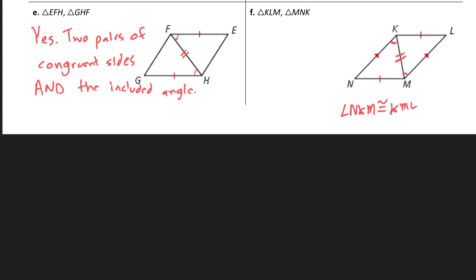And if we remember back, those are alternate interior angles. Now, if we look at it, we do have the pairs of sides, we have the pair of angles, but these are not congruent by SAS because the angles aren't included. They're not between the sides.